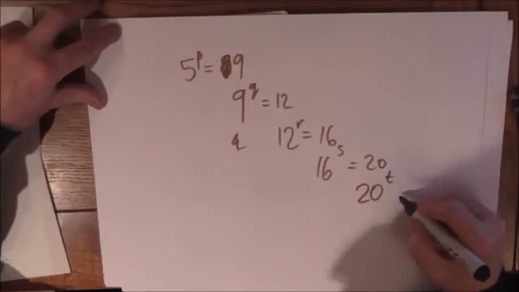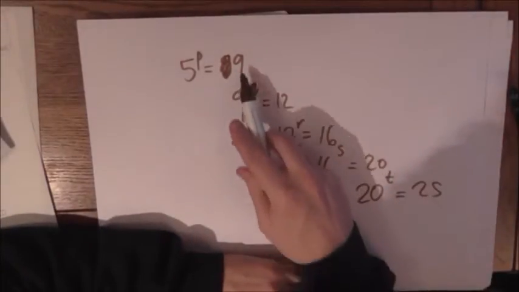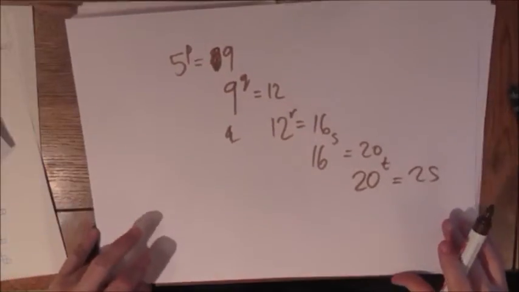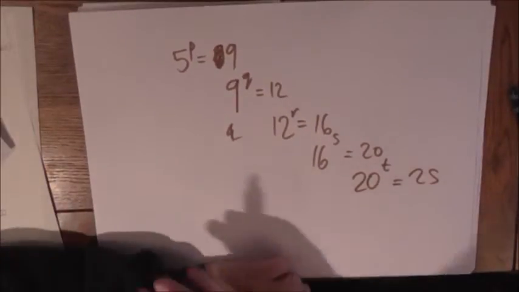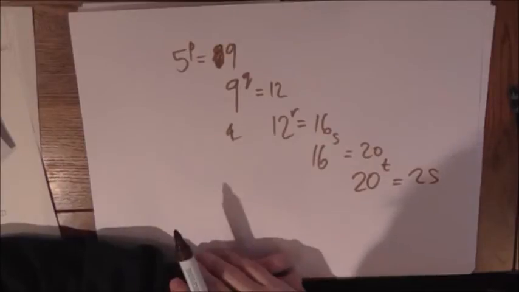And 20 to the power of t equals 25. Now what I'm noticing there is that each new piece of information uses an ingredient from the piece of information before. So that's what's special about the numbers.